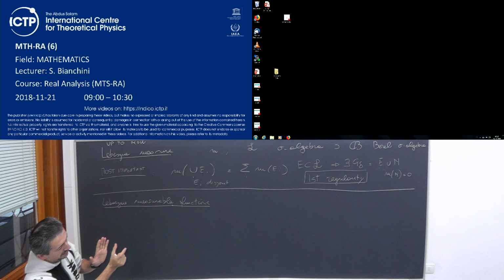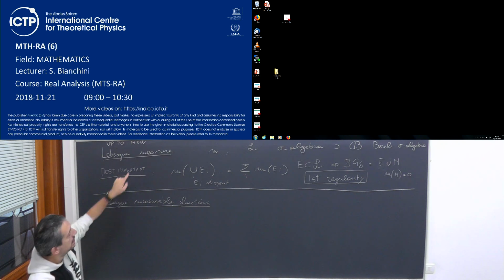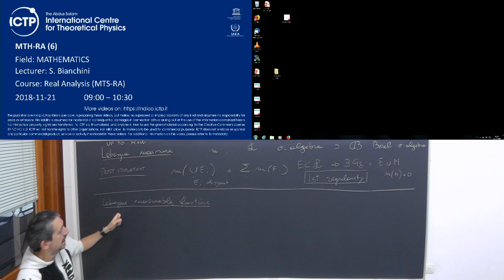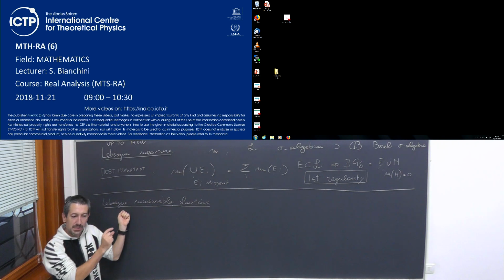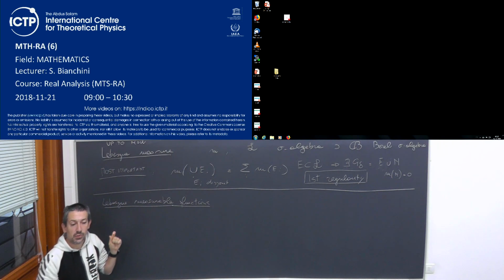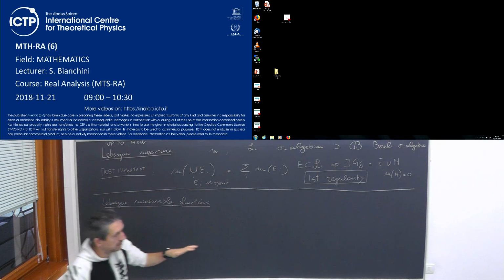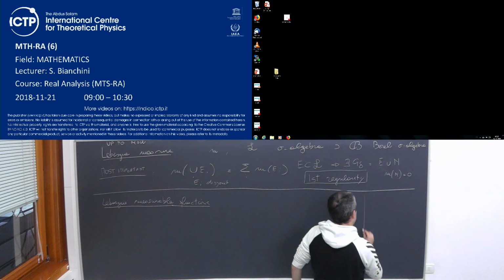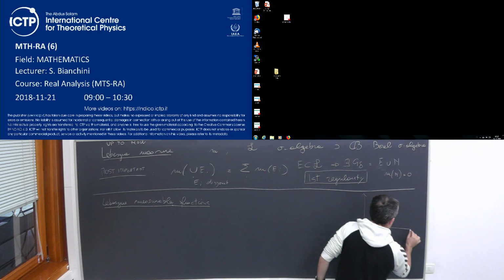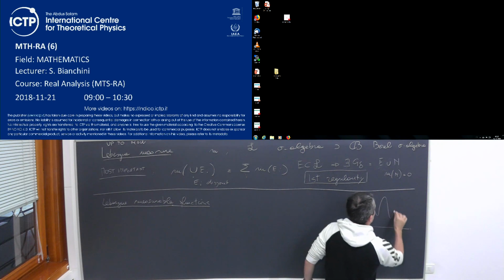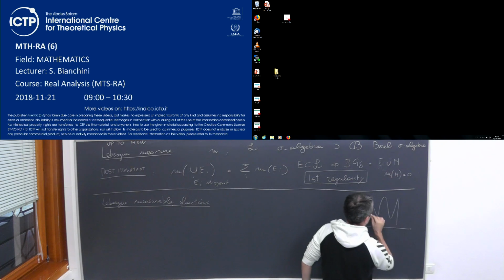And so now I have to define what is the measure of the counter image of intervals. But I have to require that the counter image of intervals is a set to which I can give a measure. So the picture to keep in mind in all these constructs is that at the end I have to compute what is the integral here. That's the final goal.